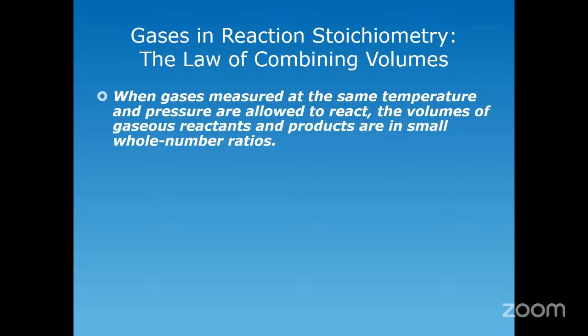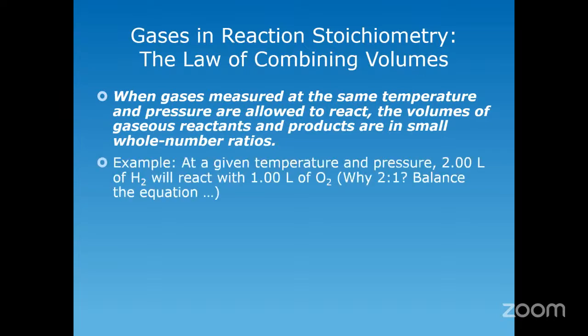So, if you're looking at, for example, the reaction between hydrogen and oxygen to form water, what you'll find is that for every 2 liters of hydrogen that reacts, it will react with 1 liter of oxygen. And why? Well, that is of course based on the balanced equation, which I'm going to write here.